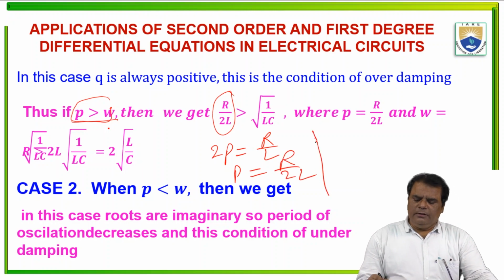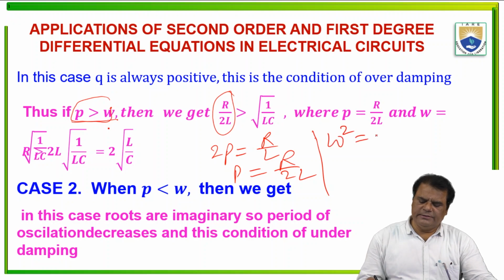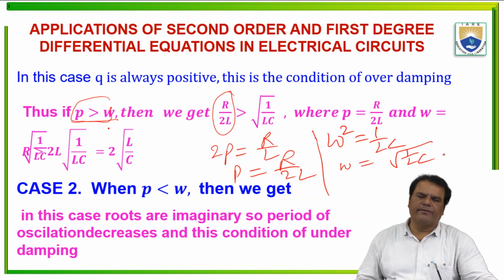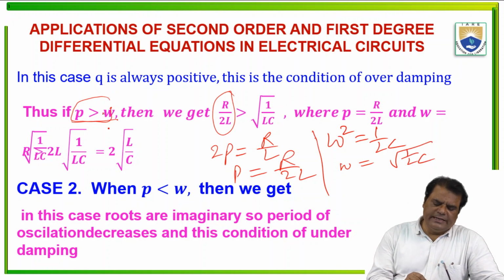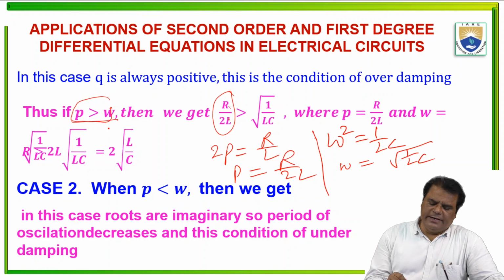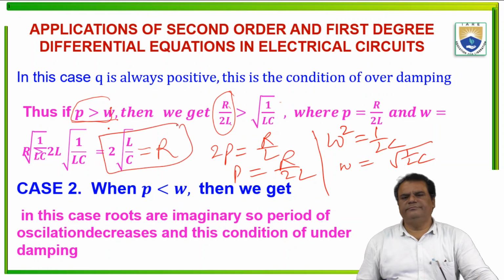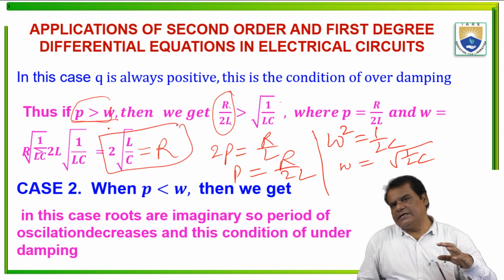Next, W square is 1 upon LC, so W is under root 1 upon LC. So P, R by 2L, is greater than W, under root 1 upon LC. After solving this, we get R is this.